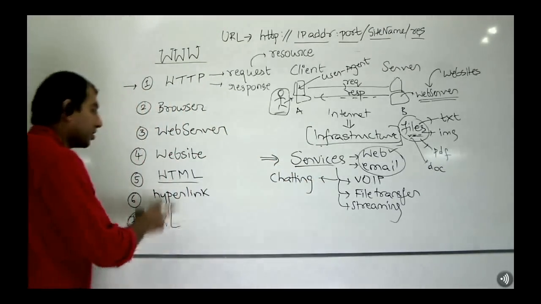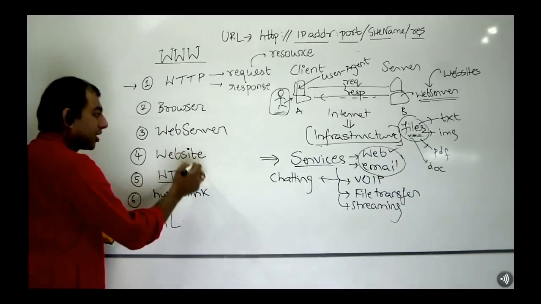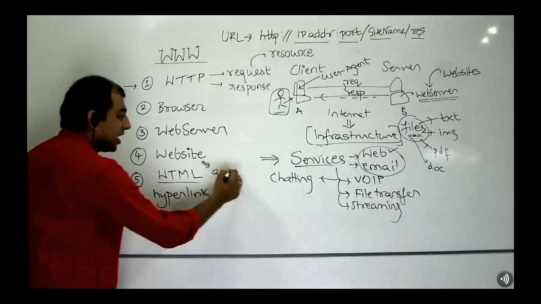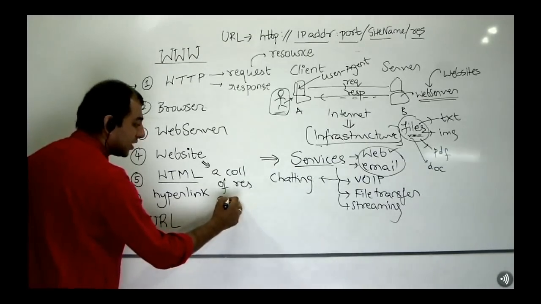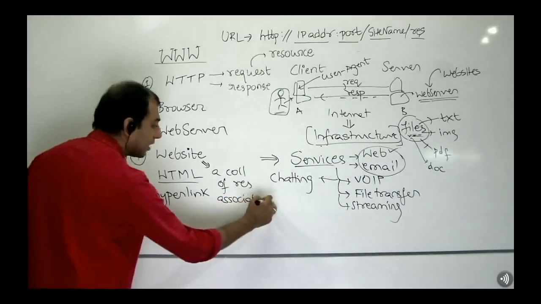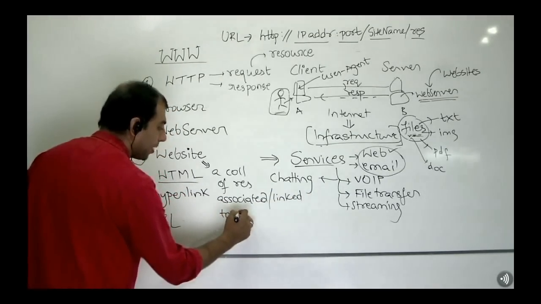We'll talk about HTML and hyperlinks and URLs in a minute, in some time. So bottom line, what is a website now? A website is a collection of files, nothing but resources, associated or linked using hyperlinks to a home page.